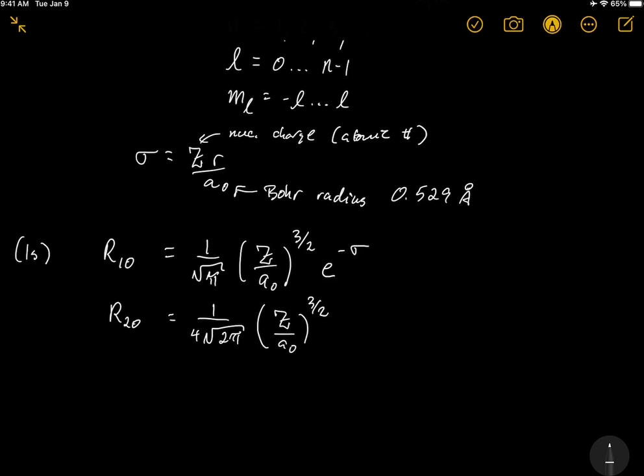Again, that's just the normalization constant. You really shouldn't focus on that too much, as the more important part is the parts that contain sigma. Those really tell us what the shape is.